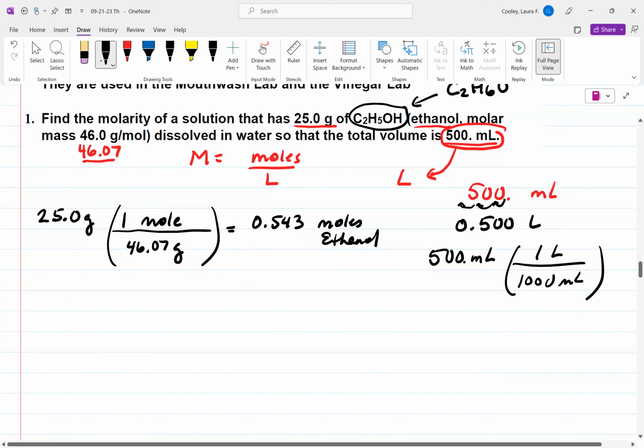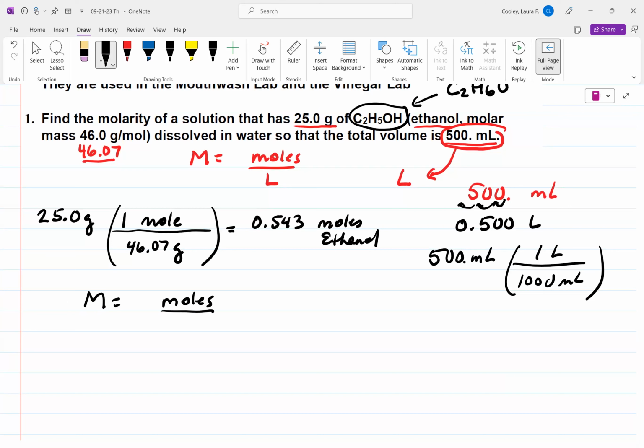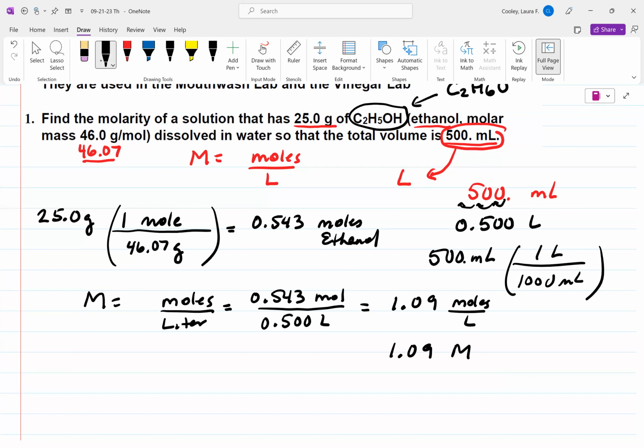So molarity is moles per liter: 0.543 moles divided by 0.500 liters, or 1.09 moles per liter, but we would write it more simply as 1.09 molar.